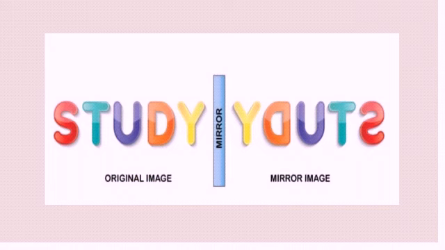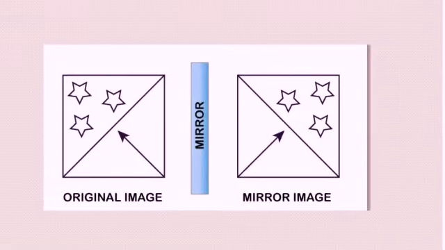So Y, D, U, T, S, the letters will also be changed. Another example of a figure's mirror image: one figure is given, and in the mirror image you can see the sides have changed. In this way you have to find the mirror image of objects.